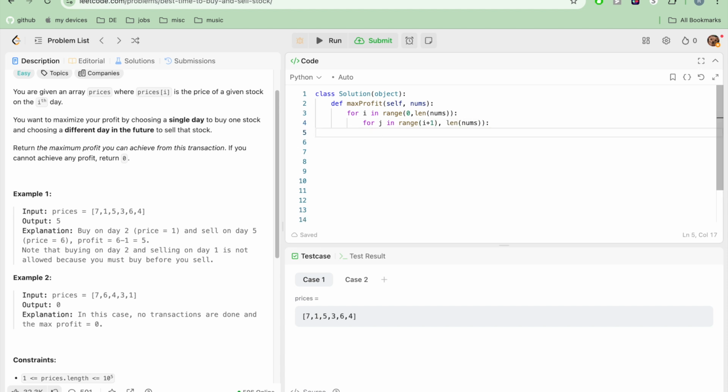Now the goal is to find out the difference from the j position to the i position and store it if it is the maximum profit. Before we store it, let's declare one variable, max profit, that we will initialize with 0. Next we are going to take the difference from the current j index to the current i index.